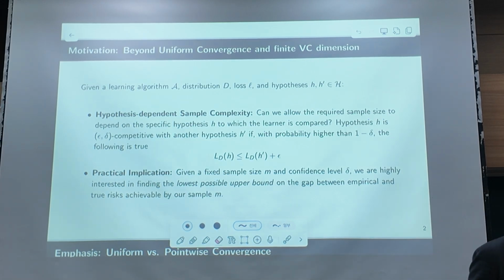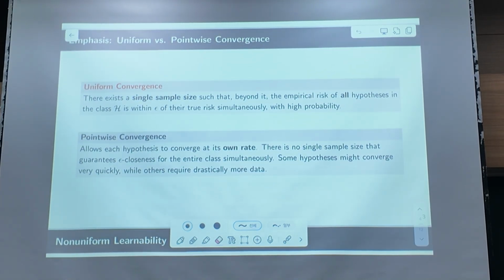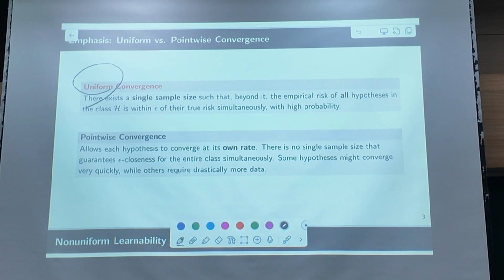So let me just, without going into a lot more detail, rather than going from uniform convergence, where there's going to be a single... the word uniform comes from the fact that we have a single sample size such that the empirical risk of all hypotheses in the class, the sample loss, is epsilon away from the true risk with high probability.